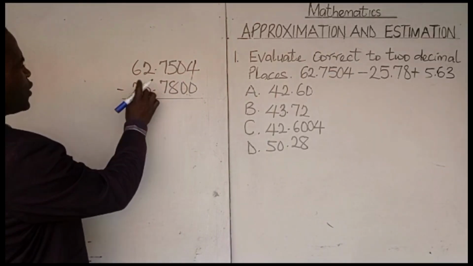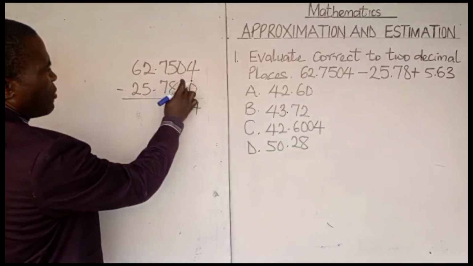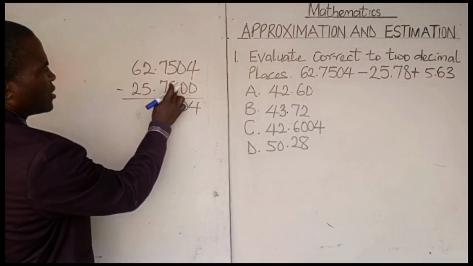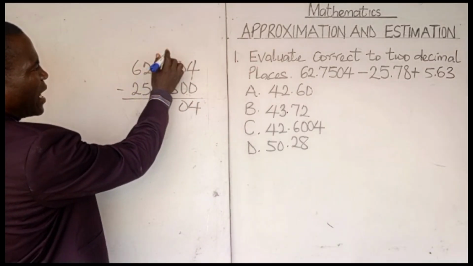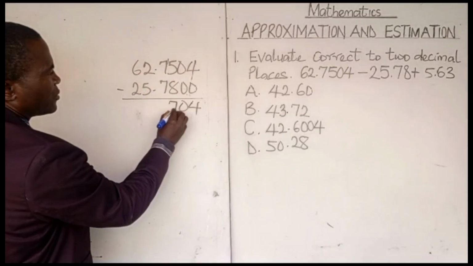So if we want to solve this problem, we are going to say 4 minus 0, it gives us 4. 0 minus 0, it gives us 0. 5 minus 8, impossible. We are going to borrow 1 from here and put here, it becomes 15. 15 minus 8, it gives us 7.